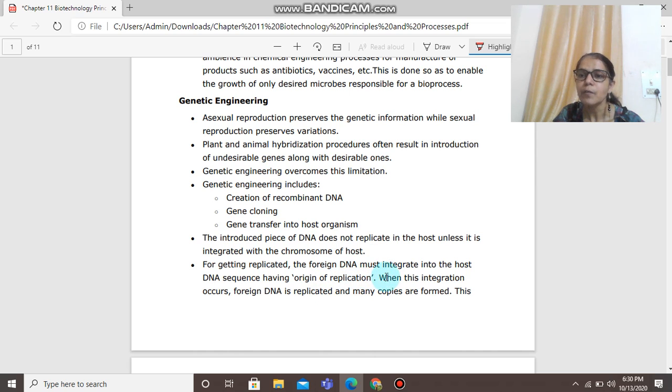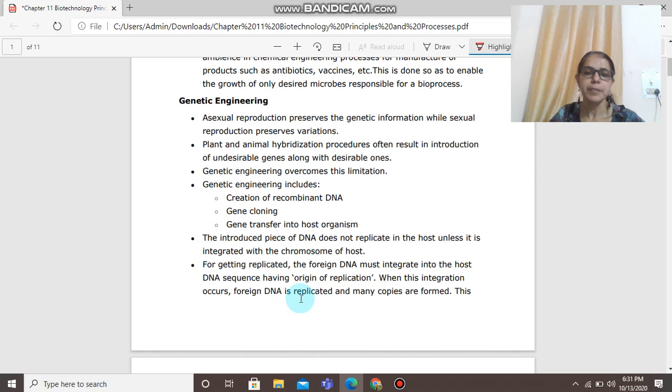As you know the meaning of vector, even in the case of malaria, the female Anopheles mosquito carries the plasmodium from the infected person to the healthy person. In the same way, the vectors used in the process of genetic engineering also carry the foreign DNA into the host, meaning these vectors will transfer the foreign DNA piece into the host cell so that it can multiply.